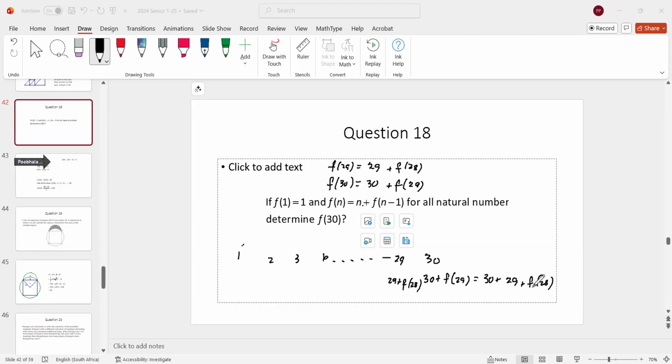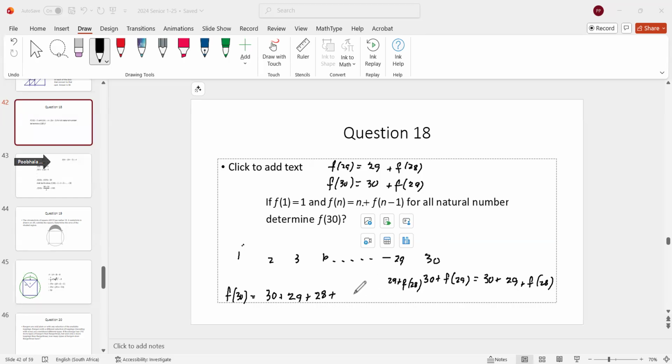If you keep going on like this, you will see that f of 30 will be 30 plus 29 plus 28 plus f of 27.